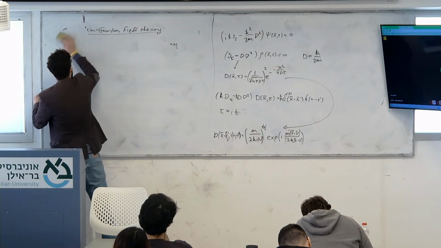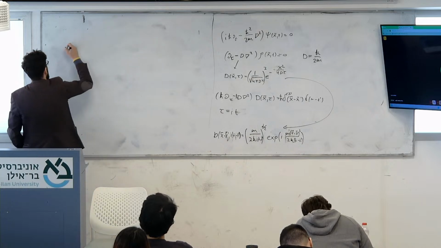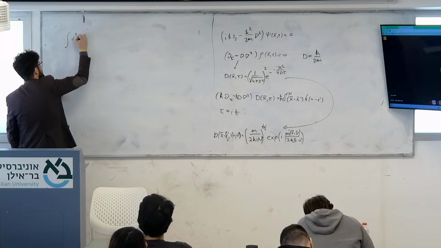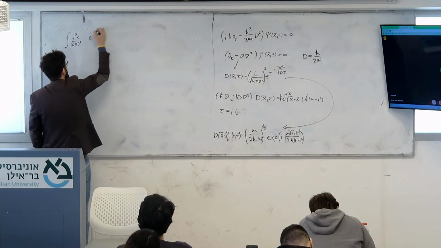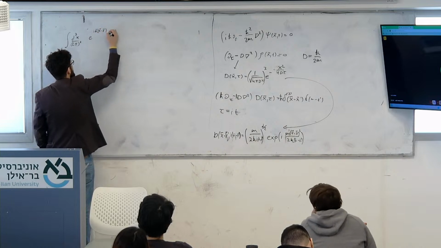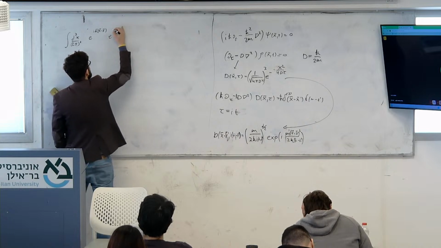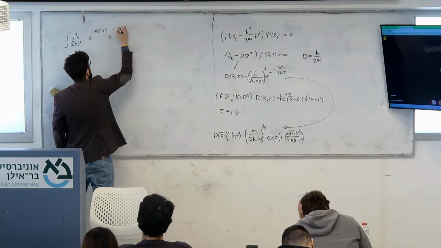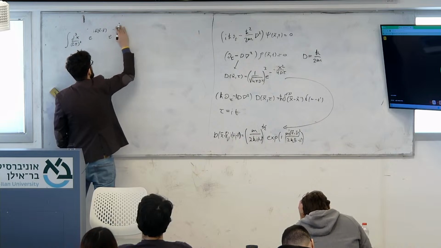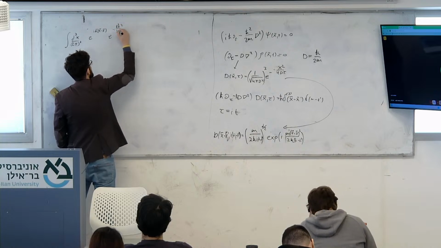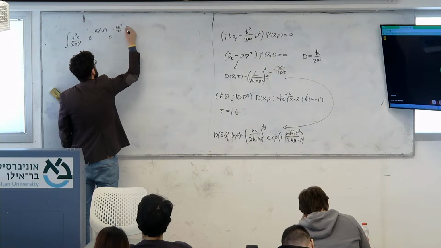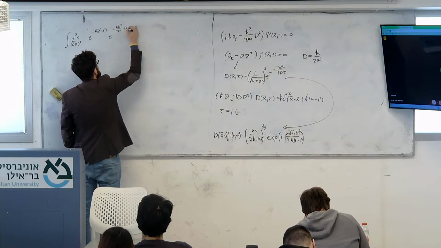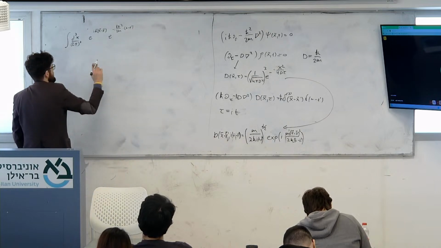So the way you obtain this propagator is you write the Fourier transform, d3k over (2 pi) cubed, of e to the i k (x minus x prime), times e to the minus i h bar k squared over 2m, times (t minus t prime).